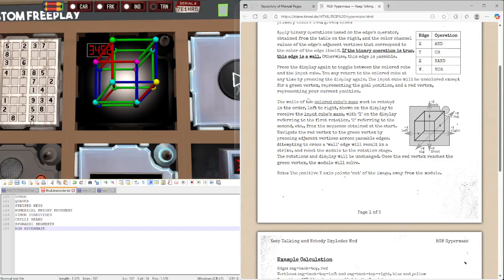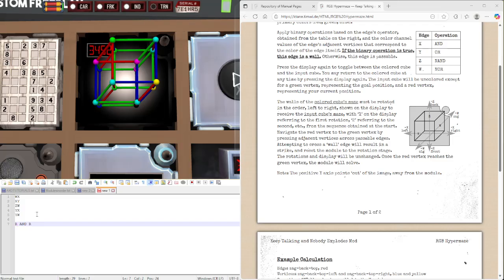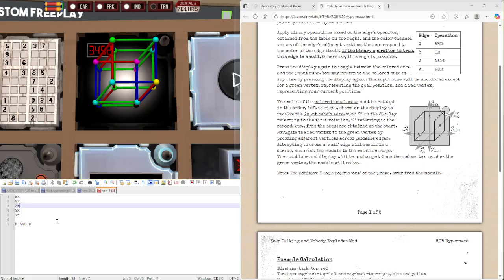I was outlining it. It rotates in the order left and right. So taking 3.